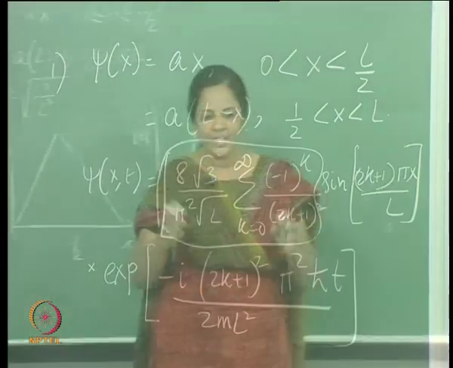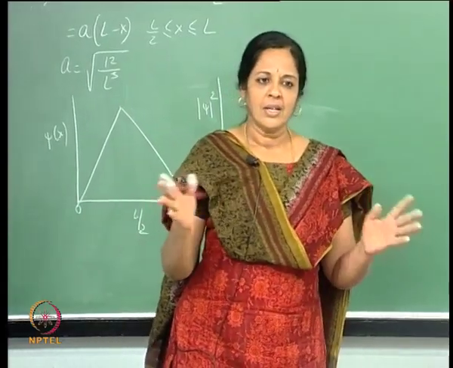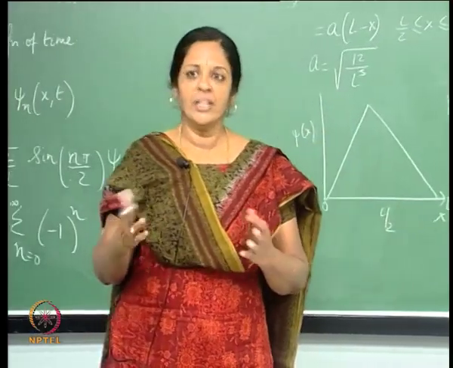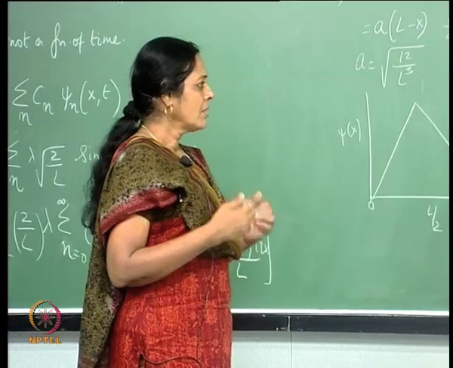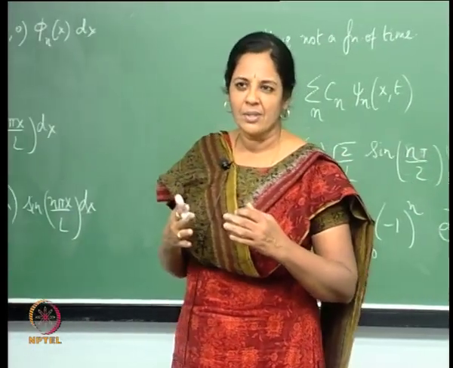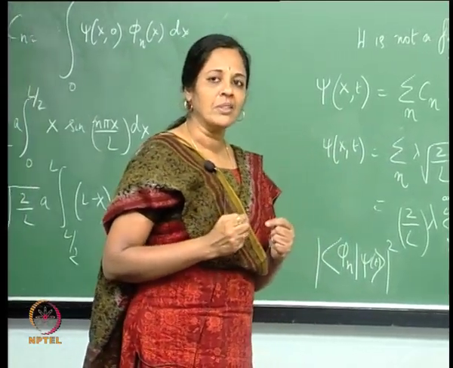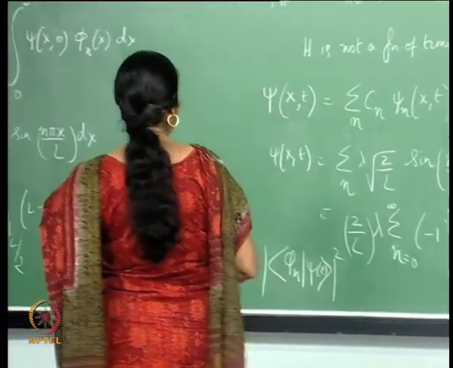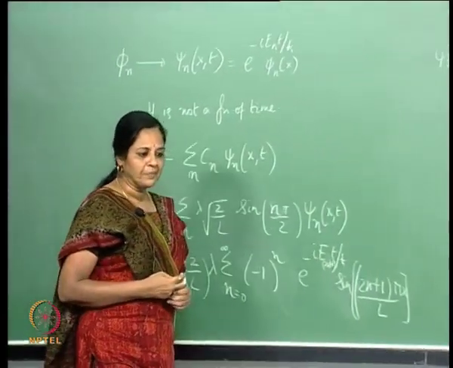So, these are the various cases that you can consider as examples for initial states in a particle in a box. And each of the problems that I have considered demonstrates different aspects of the problems that you can face when you work with a particle in a box. And in general, now you have a machinery by which you can get hold of psi of xt.